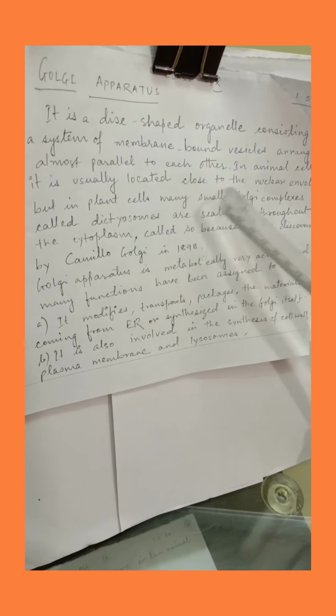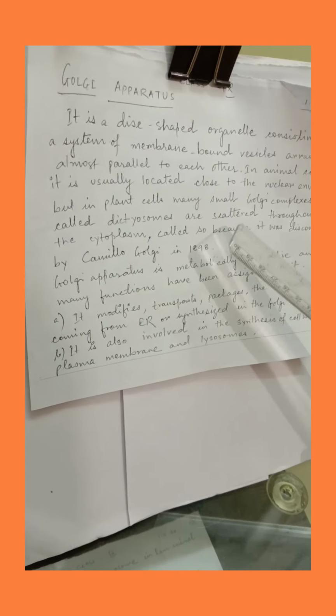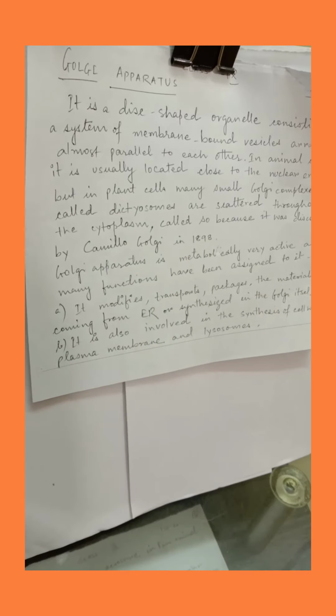So Golgi apparatus was discovered by Camillo Golgi in 1898. They are disc-shaped organelles. They can be oval also. They can be round also. They are very close to the nuclear envelope. In plant cells they are called dictyosomes because they are scattered throughout the cytoplasm.